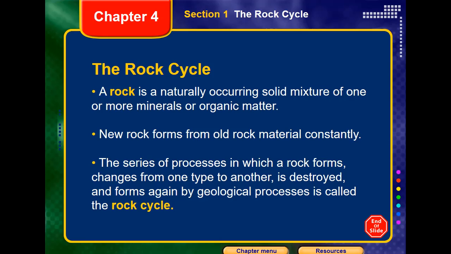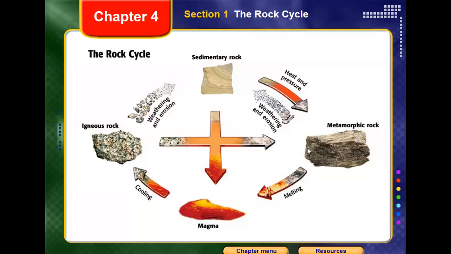So, guys, the first definition we have is the rock cycle, which is a group of processes in which an old rock changes into another type of rock.